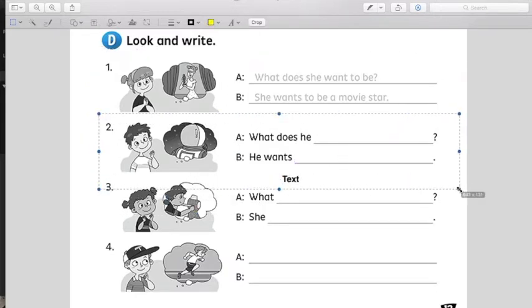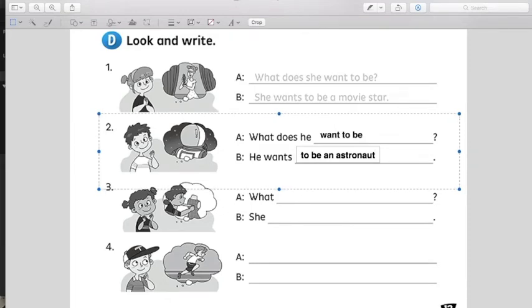So it is a boy, and he's thinking about being in space. So what is the question here? What does he, almost the same as this one, what does he want to be? Question mark. And it looks like the dream job is an astronaut. So he wants to be an astronaut.